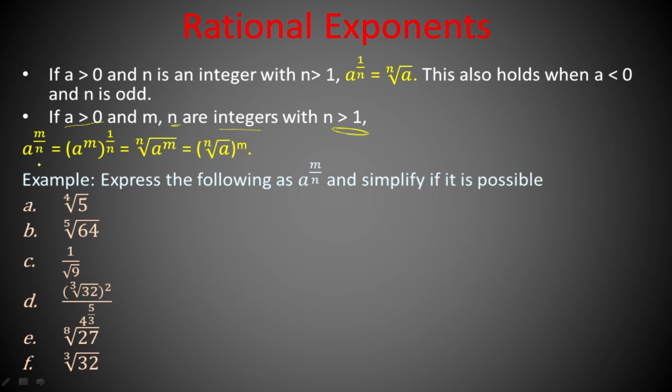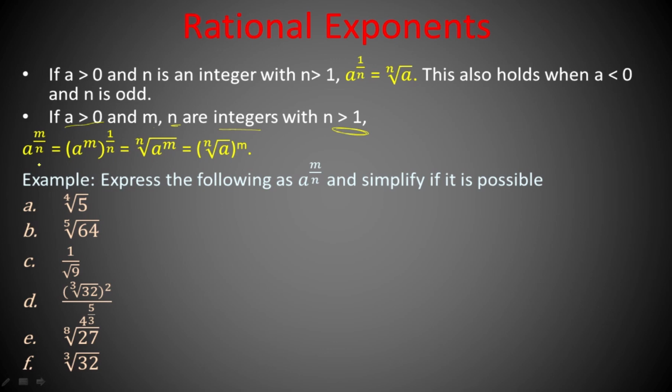Previously we have seen that in this case we can multiply m and 1 over n, or we can write the nth root of a to the power of m, or simply the nth root of a, the whole to the power of m. All four statements are the same expressions with rational exponent.